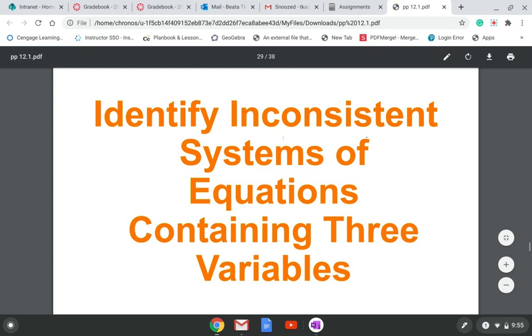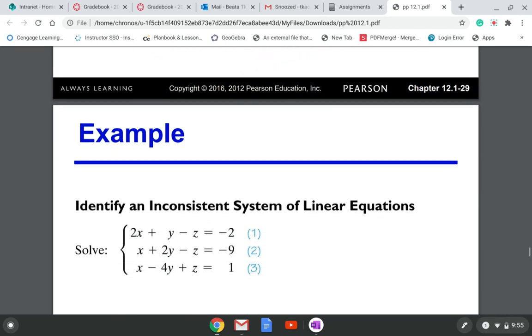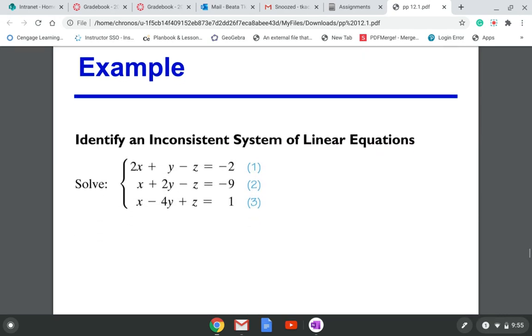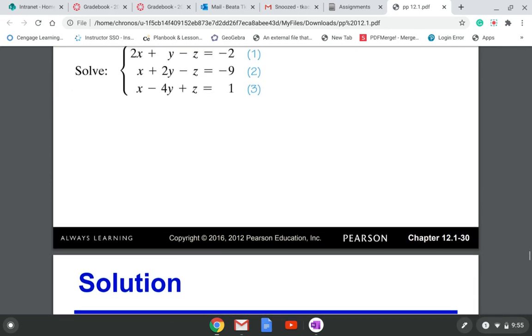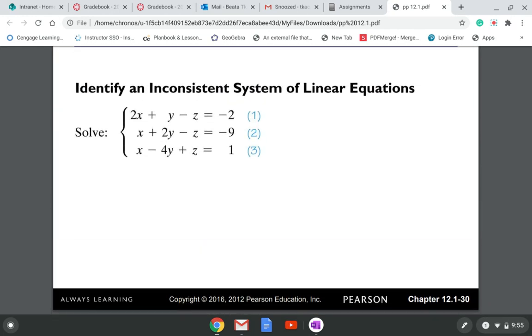And here we're going to talk about solving a system of equations which is inconsistent, having 3 variables. So here we have the next problem. I'm not sure if I have enough space, and I don't want to show you just the solution from PowerPoint because you can read that from home.